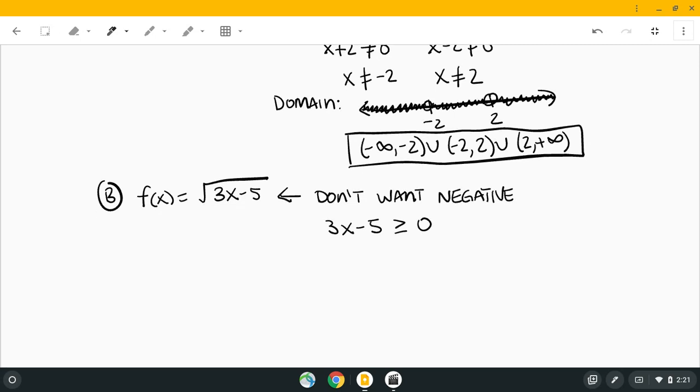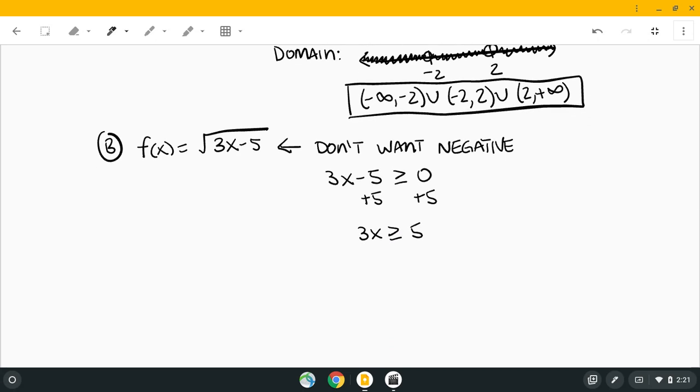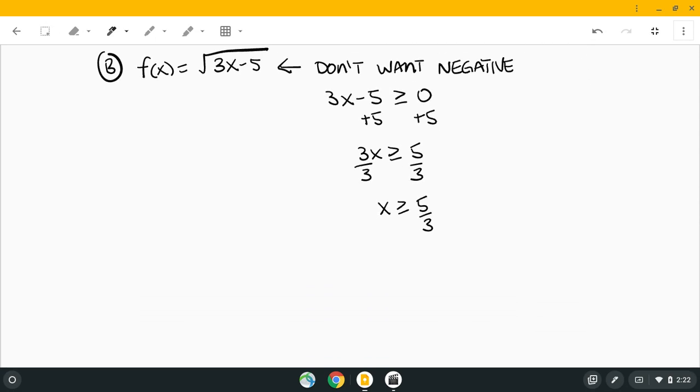Okay. All right, so let's go ahead and solve this. Let's go ahead and add 5. 3x is greater than or equal to 5. Divide both sides by 3. x is greater than or equal to 5 over 3. Okay, so that's our domain. If you graph this on a number line, here's 5 over 3.